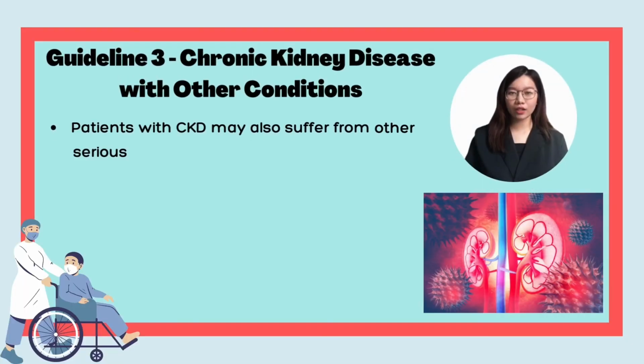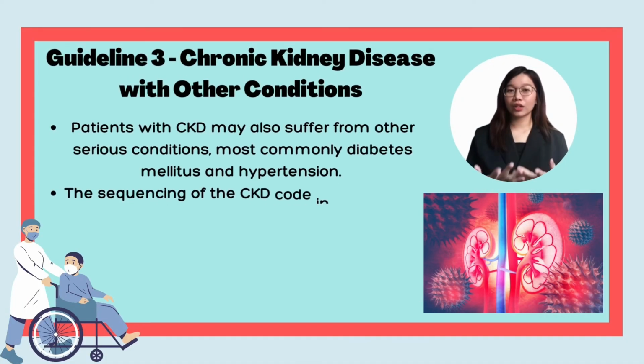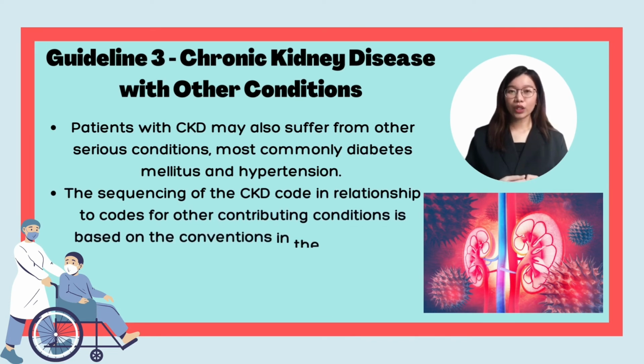Kidney disease with other conditions. Based on the guideline, patients with CKD may also suffer from other serious conditions even though they already have the transplant status. The most common are hypertension and diabetes.